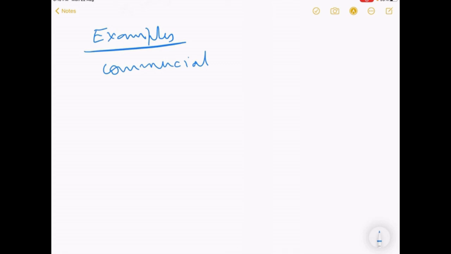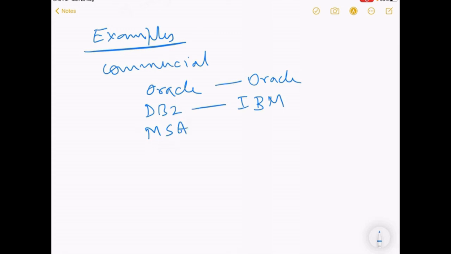The commercial database management systems are Oracle, from the company Oracle, and DB2, a product of IBM, and MS Access, and one more, SQL Server.